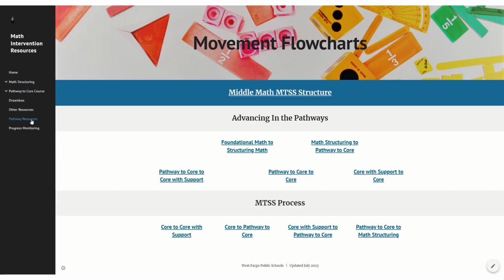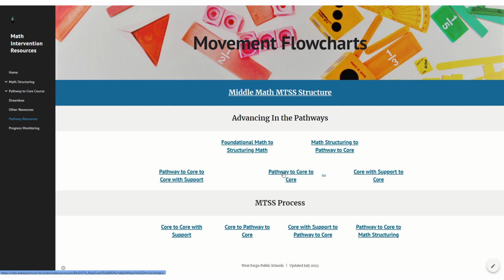The last section I want to bring your attention to is how do students enter and exit Pathway to Core. In here are different ways students move throughout our middle school math intervention.